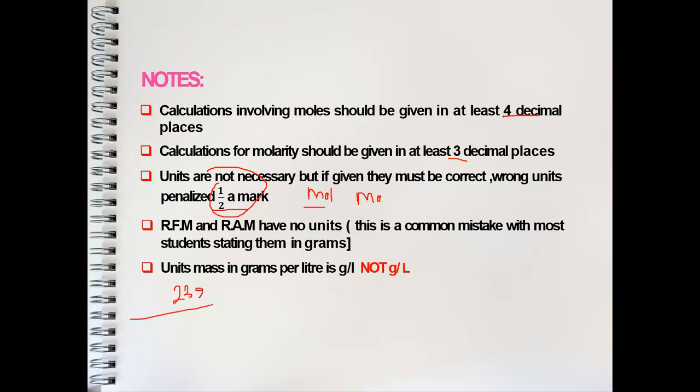This is very wrong. RFM, RMM, and RAM should have no unit. Unit mass in grams per liter is written in small letters, all of them, small g, small l, not small g, capital L. This is wrong, so you have to check on that.